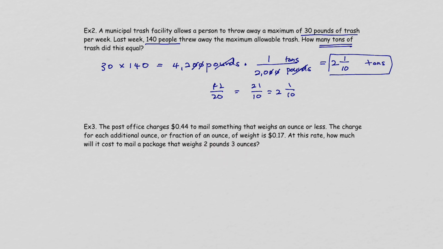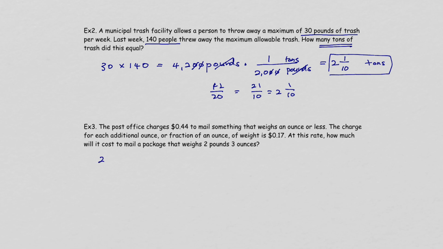So the first thing you wanted to do is change this into ounces, because the price that's given is all based on the ounce, right? So we wanted to change the 2 pounds to ounce and add it to the 3 ounces you already have, and then figure out the pricing, right? So let's do the converting first.